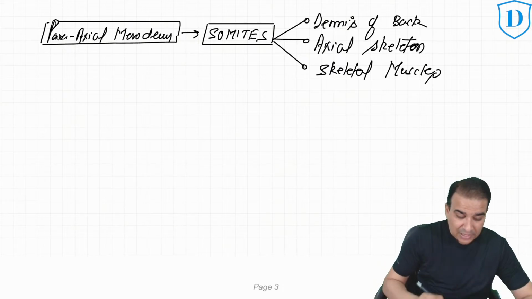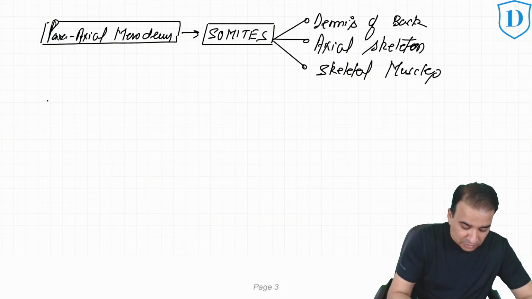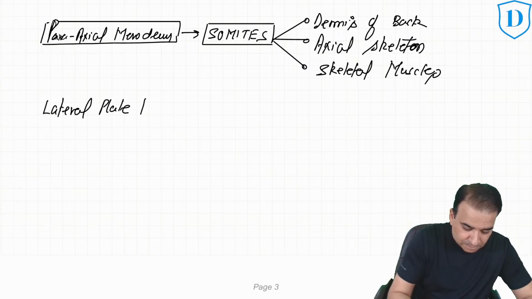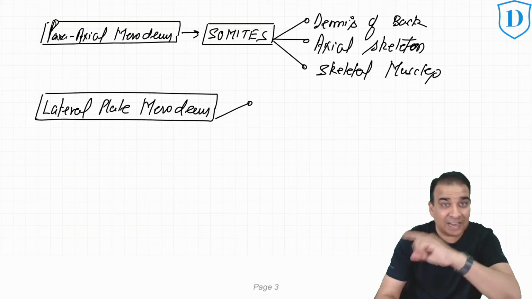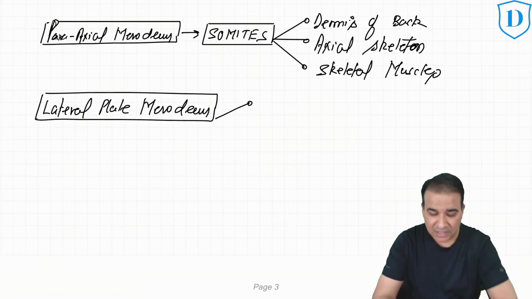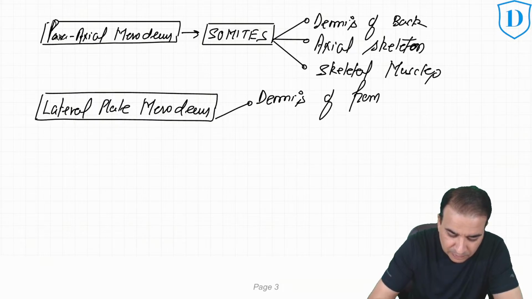Now the question is, whatever is not derived from paraxial mesoderm is derived from where? Lateral plate mesoderm. Lateral plate mesoderm will give rise to everything which is not derived from the paraxial mesoderm or somites. So what will that be?